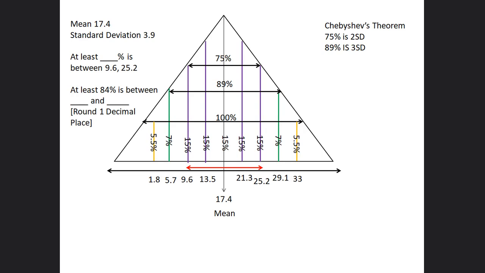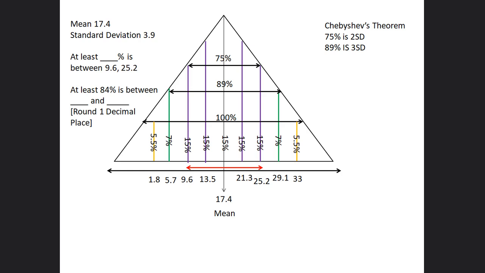The first part of the question says at least blank percentage is between 9.6 and 25.2. When we look at our data on the triangle, we can see those numbers are exactly 9.6 to the left, 25.2 to the right. It falls within the Chebyshev line of 75%.